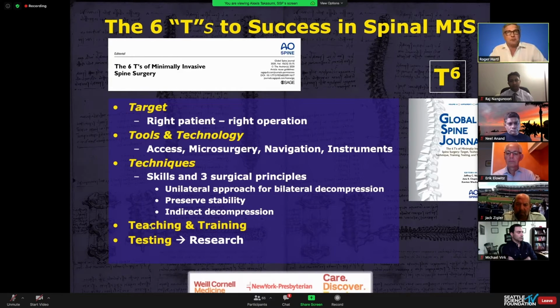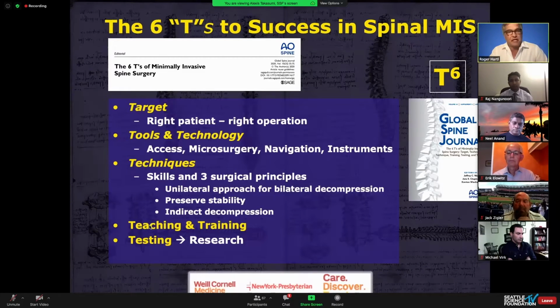By doing that, you preserve stability, and therefore you can treat a lot of pathologies that would usually require fusion just with a decompression, because you preserve stability in the spine and you don't have to do a fusion, especially for some of the endoscopic procedures and tubular procedures that becomes important. And then finally, indirect decompression and deformity correction with lateral or oblique or anterior approaches. Those are the 3 surgical principles, in my opinion, that come up over and over again and really form the cornerstone for MIS surgery.